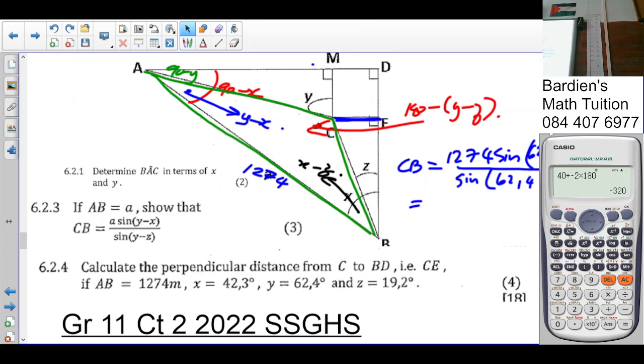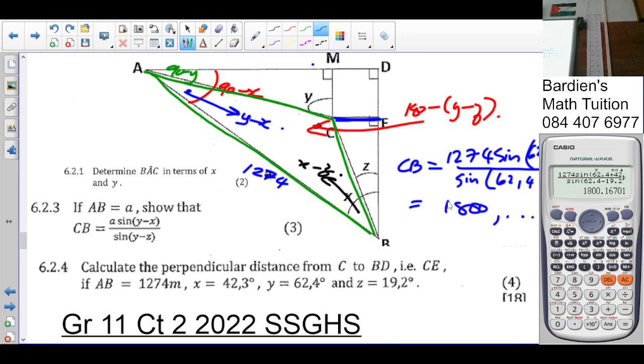So that gives us 1274 sine (62.4 minus 42.3) over sine (62.4 minus 19.2). That gives us 1800 comma something. Is that correct?